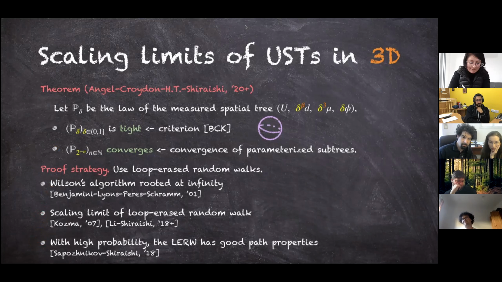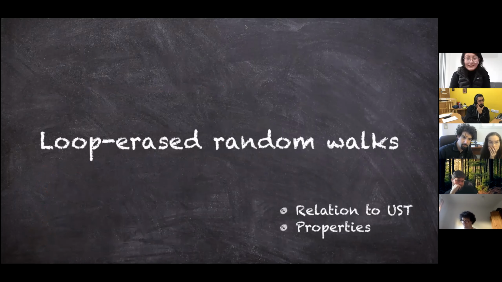So here, I'm being not very specific, especially about this part, what is a good property. So that's why I want to talk about loop-erased random walks, so I can be more precise on what are the elements that go into these proofs. So in particular, its relation to the uniform spanning tree and what are the properties that I'm interested in.